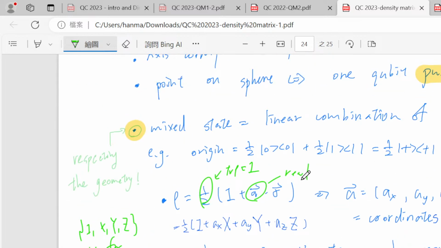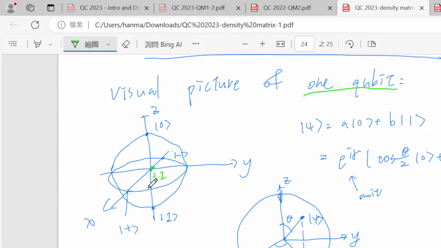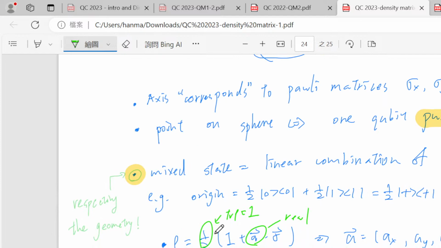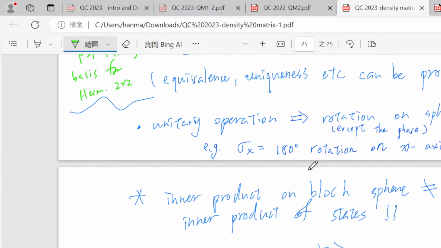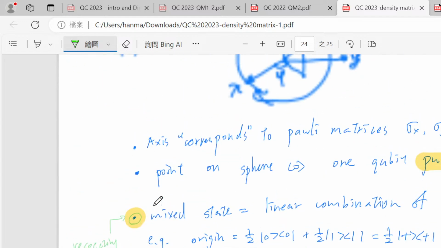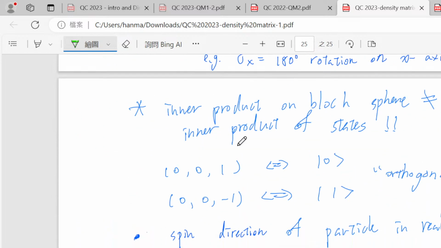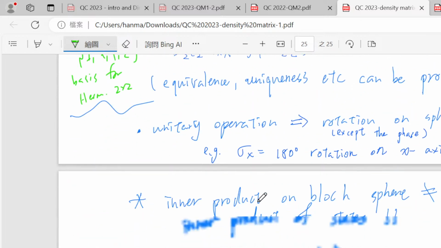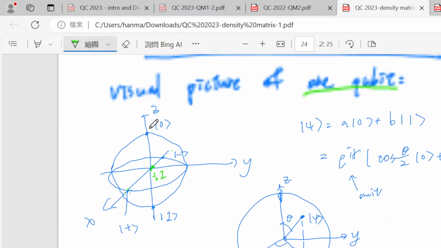So, mixed states are inside the Bloch sphere, in the Bloch ball. I guess we can say a little more. Remember that we said something doesn't respect the geometry: the orthogonality of states doesn't respect the geometry of the vector space of the Bloch ball. Two orthogonal pure states don't correspond to orthogonal vectors in three-dimensional space.